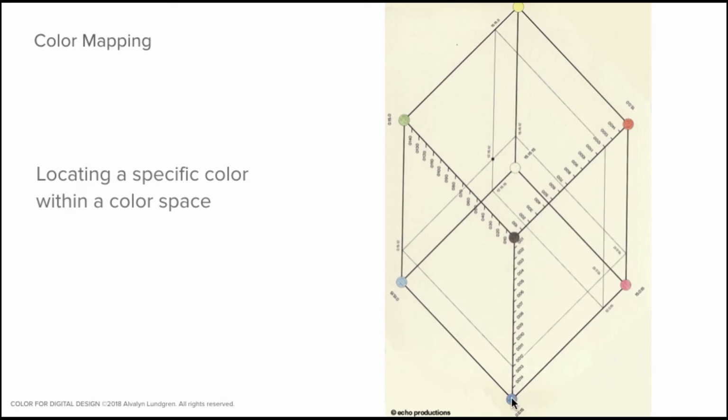And I could map a color along this line and then going back into space and maybe up one. And then I could designate or define that particular color and notate it. So the idea of color mapping is locating a specific color within a color space.